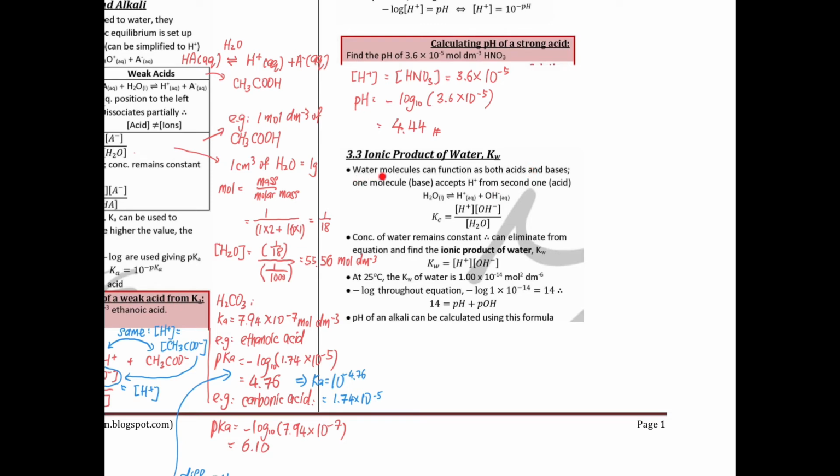One molecule as base accepts H plus from the second one as acid. What they are trying to say is that a base will accept hydrogen ions and an acid will donate hydrogen ions. Basically, in neutralization, the acid donates H plus to the base to form salt and water.